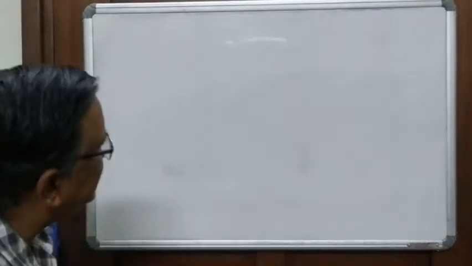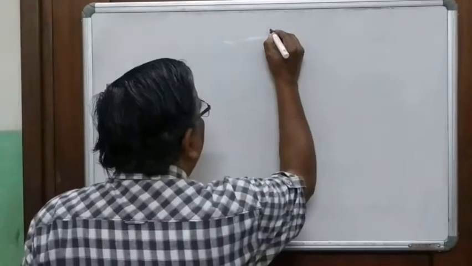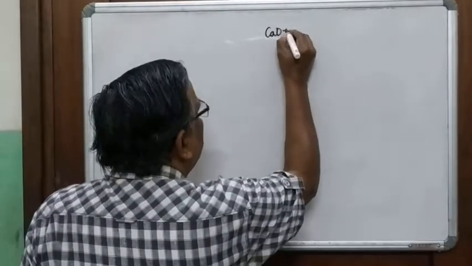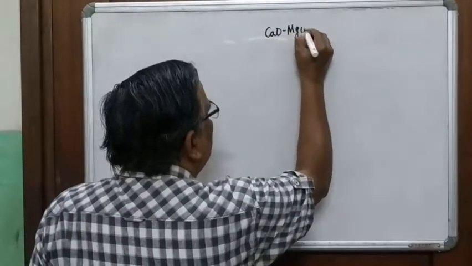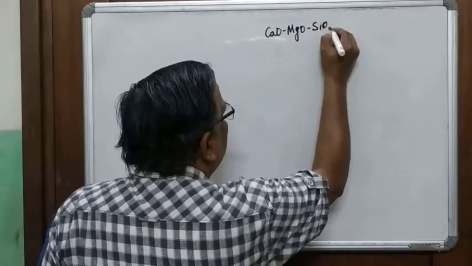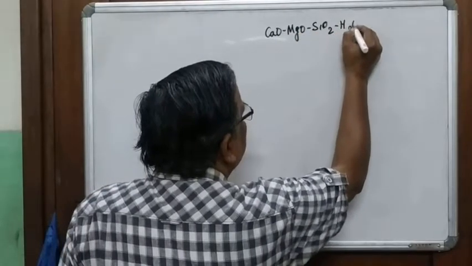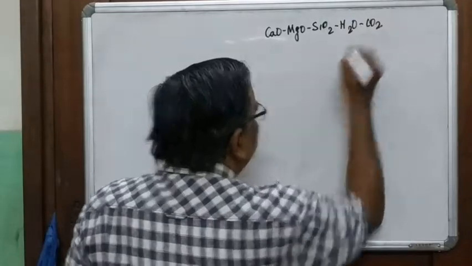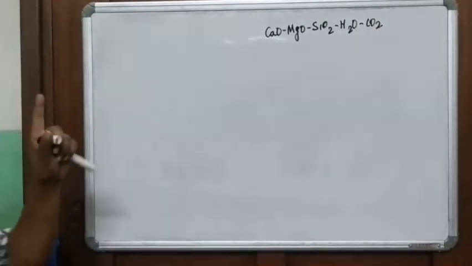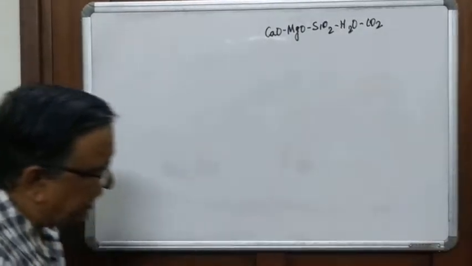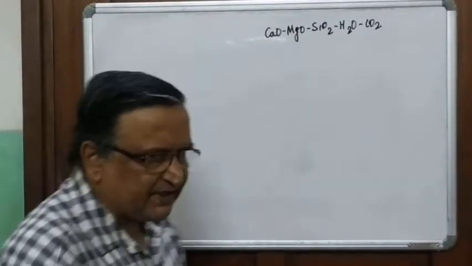So the system that we will be talking about now is the CaO, MgO, SiO2, H2O, CO2 system. This is the system we will be talking about. Now you see, we start breaking up the system a little bit.